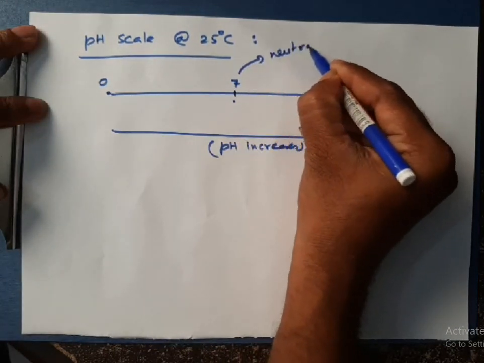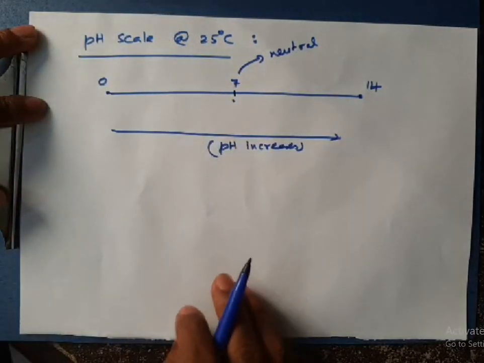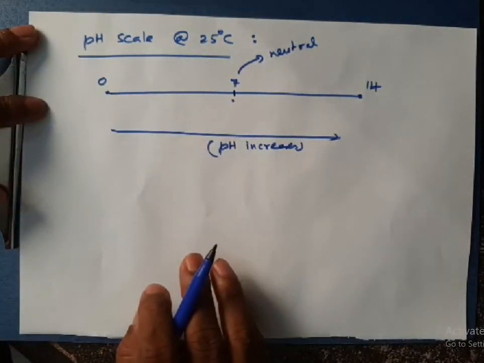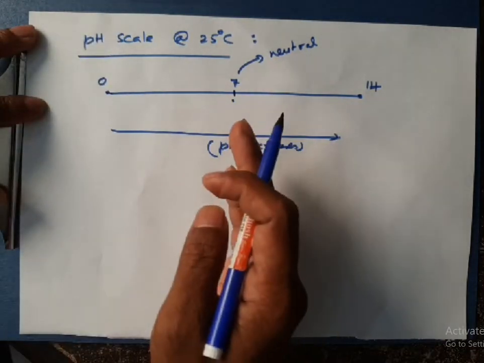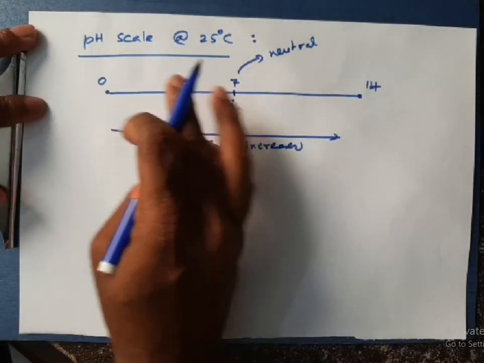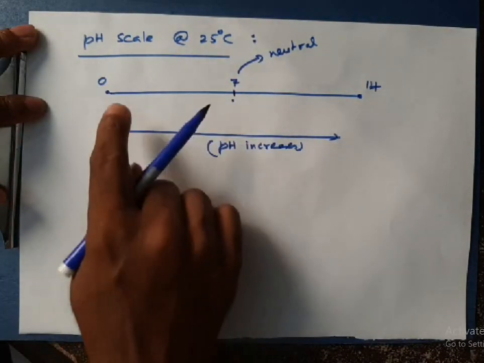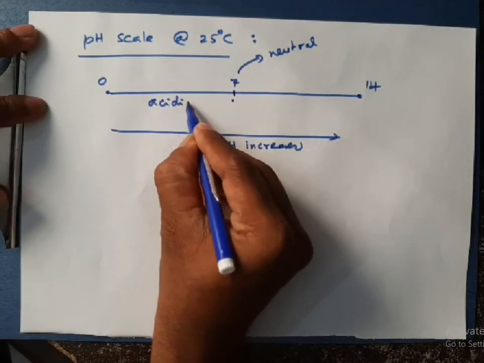It is neutral pH. Suppose you take any solution, if you dissolve any acid in water, or if you dissolve any base in water, then the pH will change. If pH value exists below 7, from 0 to 7, we call those solutions acidic solutions.